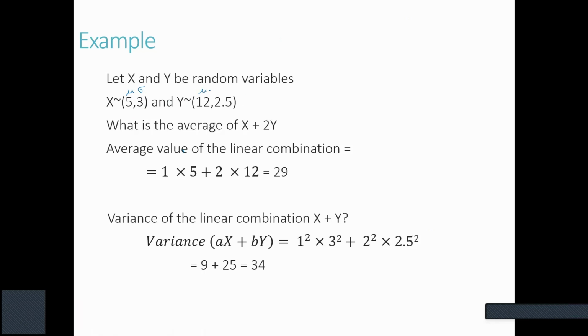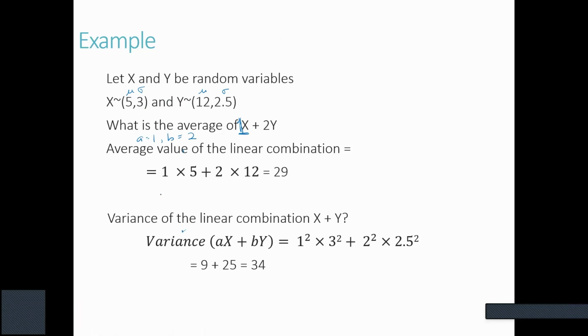So y has mean of 12 and standard deviation 2.5, and we want to do a combination of x plus 2y. So there's an implied 1 here, right? If there's nothing there, there's a 1. So a equals 1, b equals 2.